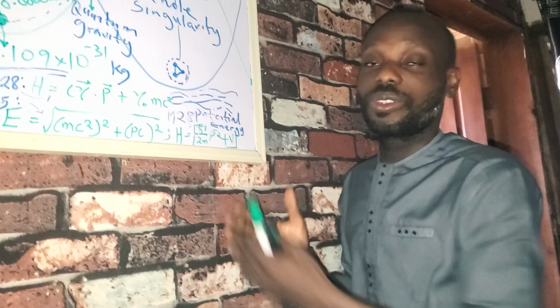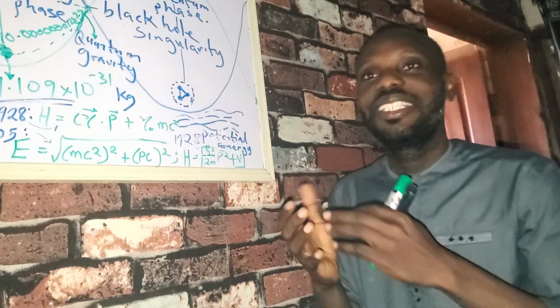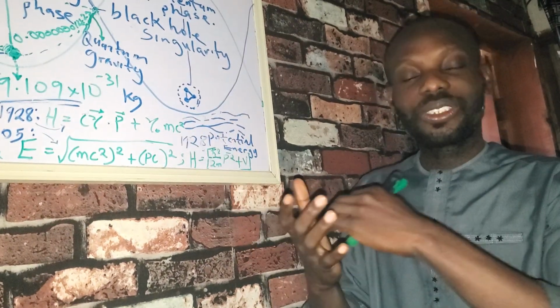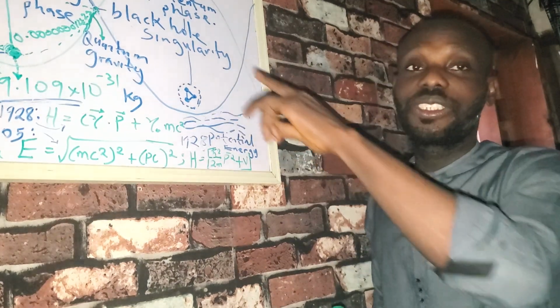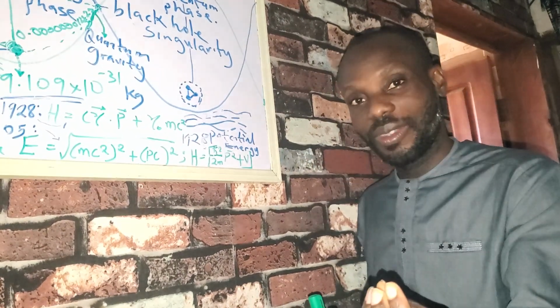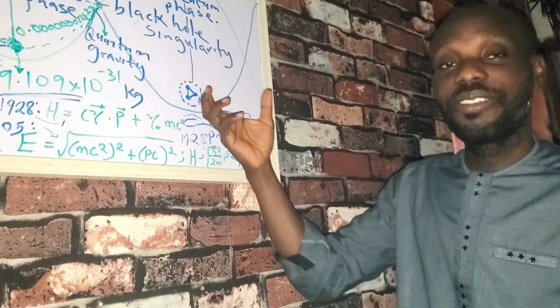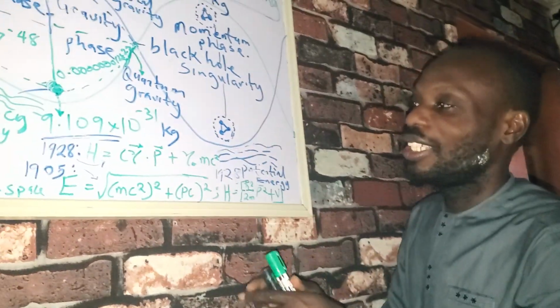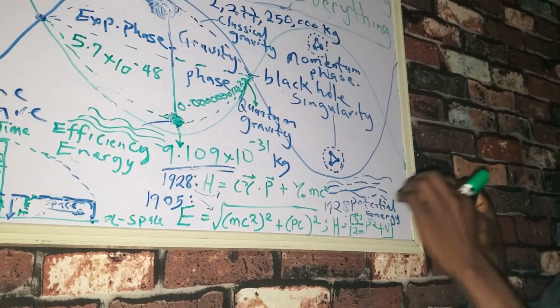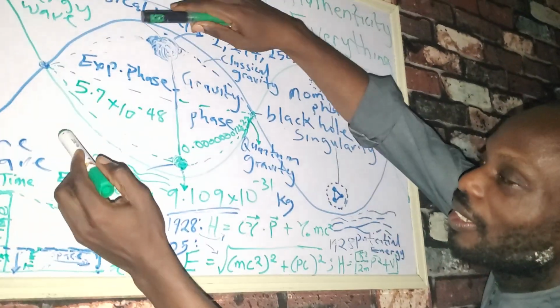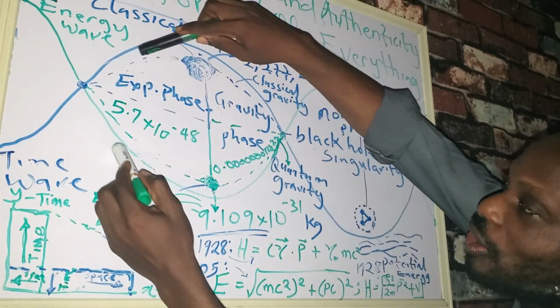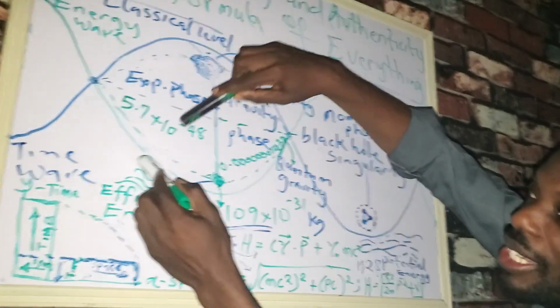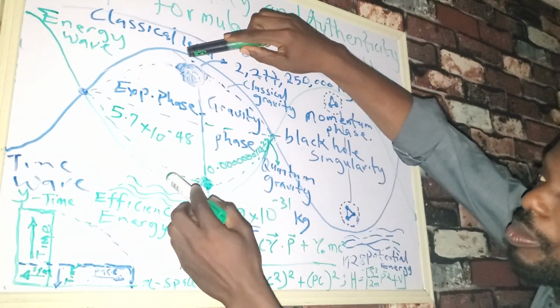and he now took the square root, and he was then able to get the first derivative for time, and as well the first derivative for space. Now what Dirac was doing in his relativistic equation, we can liken that to the expansion phase that we have in this time energy wave model. You understand?